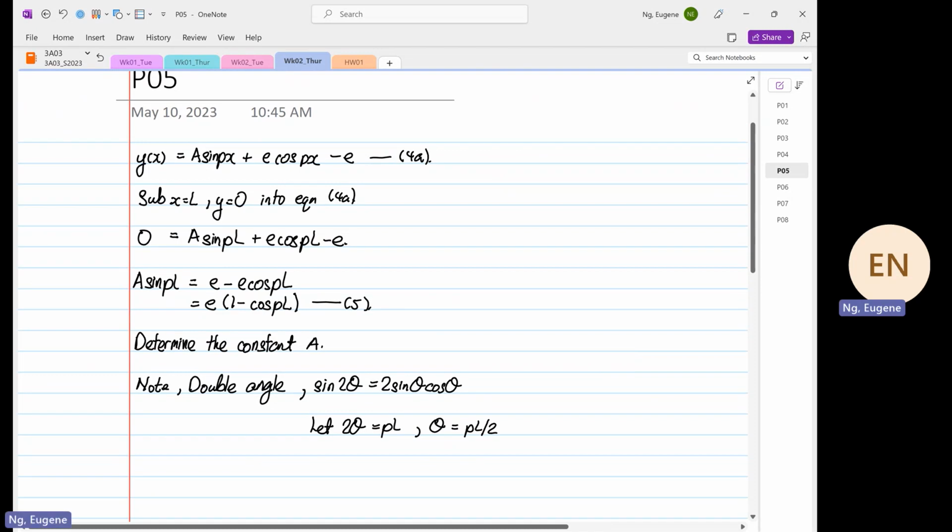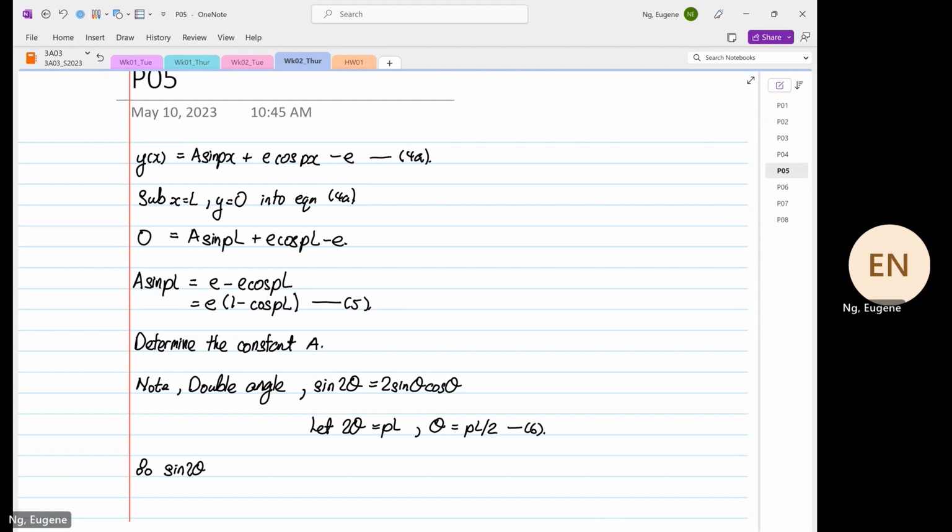So this is our equation number 6. Therefore sine 2 theta will be equal to sine PL, and it will be equal to 2 sine PL over 2 cos PL over 2. So this is our equation number 7.